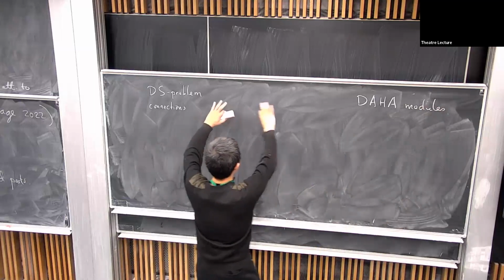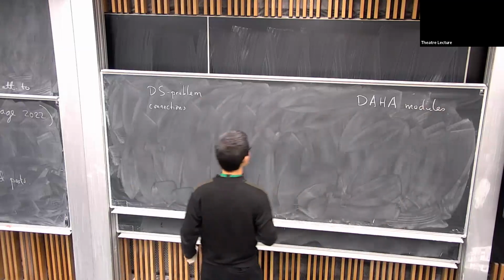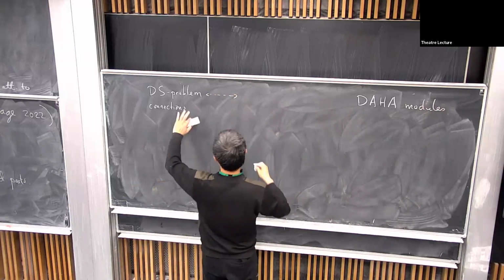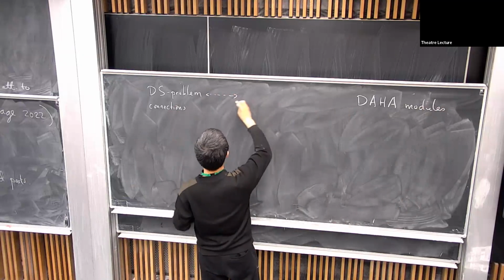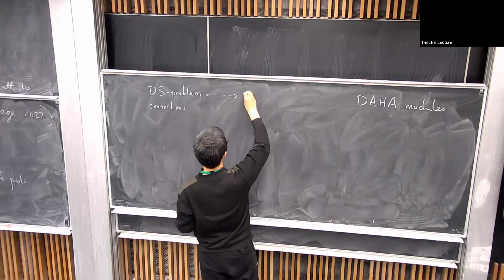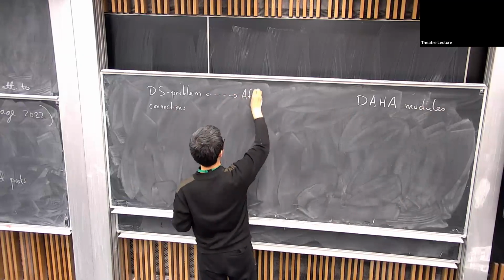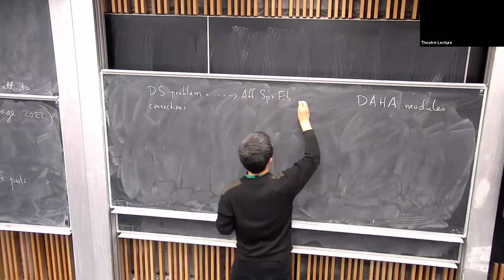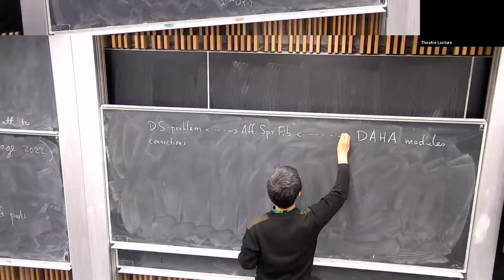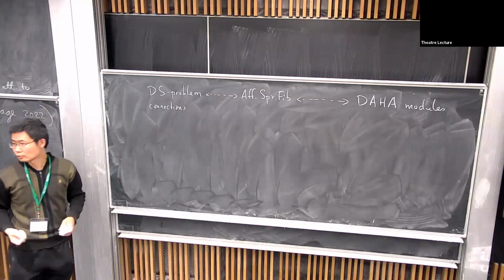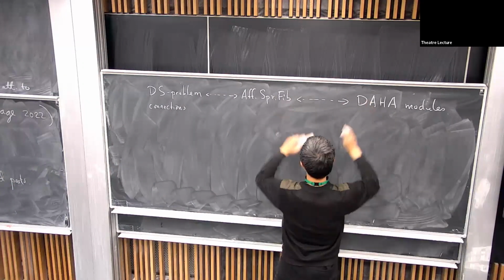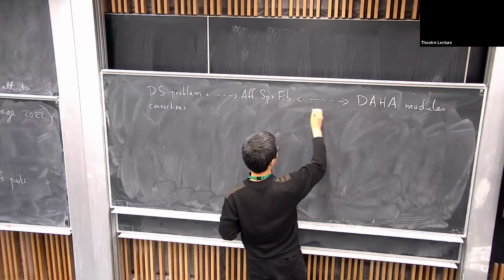The algebraic version of the theorem relates these two, but the geometric version relates the Deligne-Simpson problem to something intermediate, the affine Springer fibers. So this connection goes through affine Springer fibers. This part of the diagram is better understood.